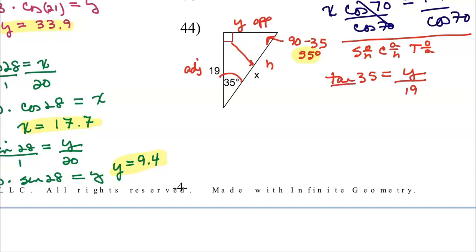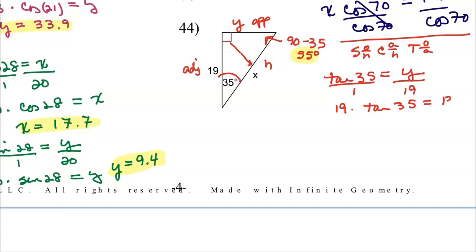So that's a one-step problem, because once I say 19 times the tan of 35, I'm getting 13.3, and that equals y. Okay, so that's my first side right there.